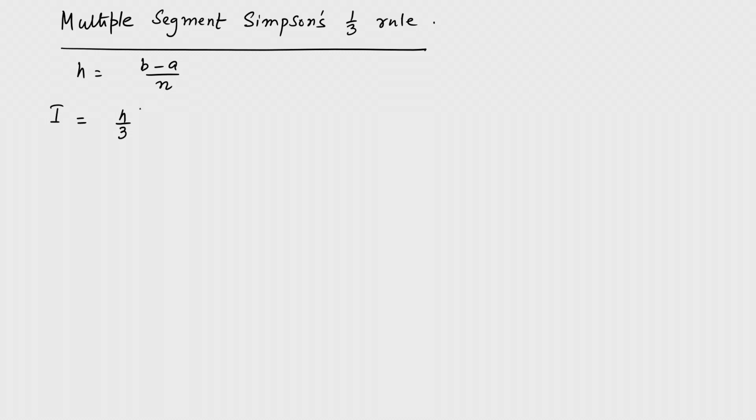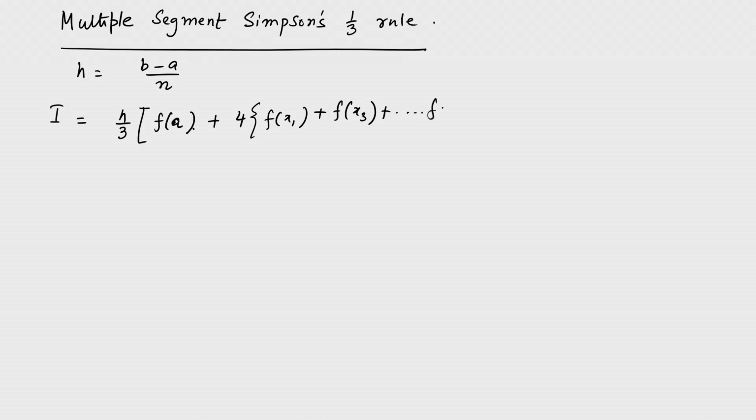It is h over 3, times the value at a, and then 4 times the values for the odd numbers: f of x 1 plus f of x 3 plus up to f of x n minus 1.